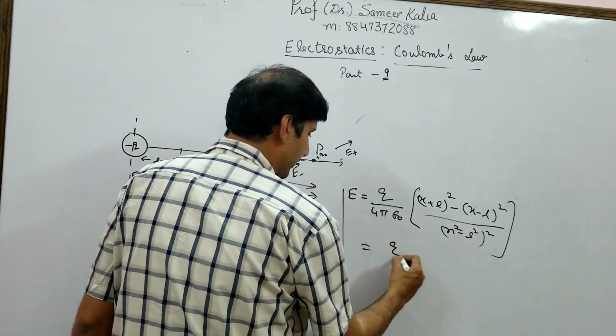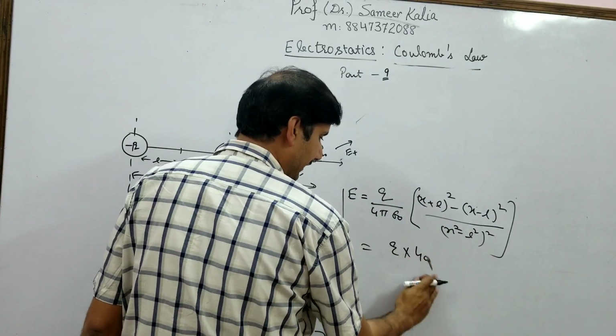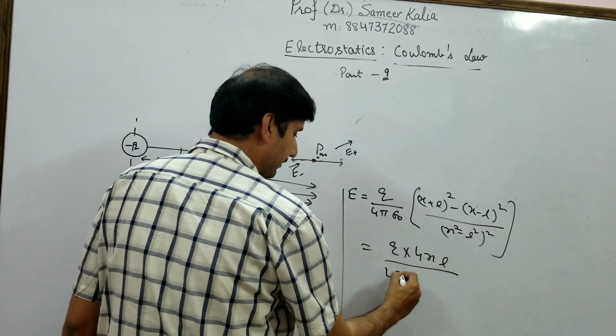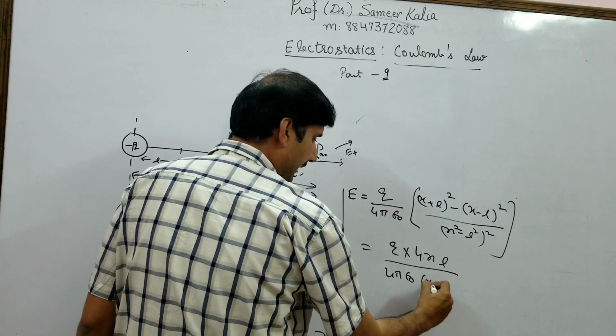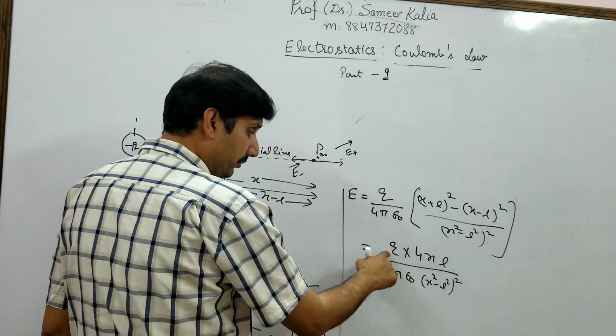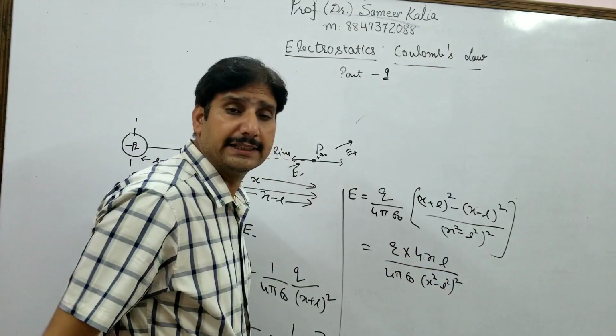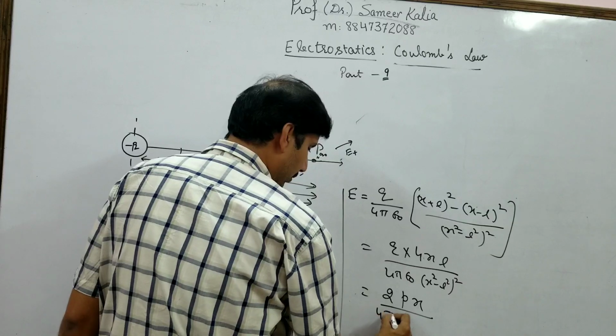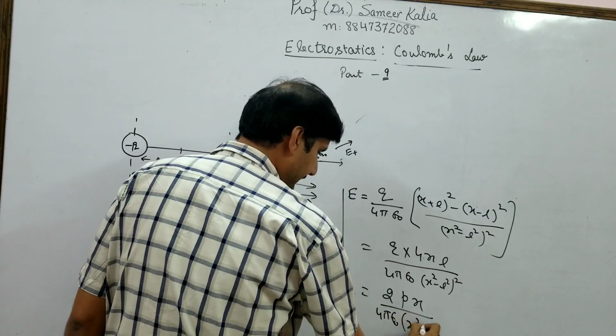So it turns out to be Q into 4AB, that means 4 times X into L, divided by 4 pi epsilon naught X square minus L square whole square. I know Q into 2L is P, so what remains is 2pX over 4 pi epsilon naught X square minus L square whole square.